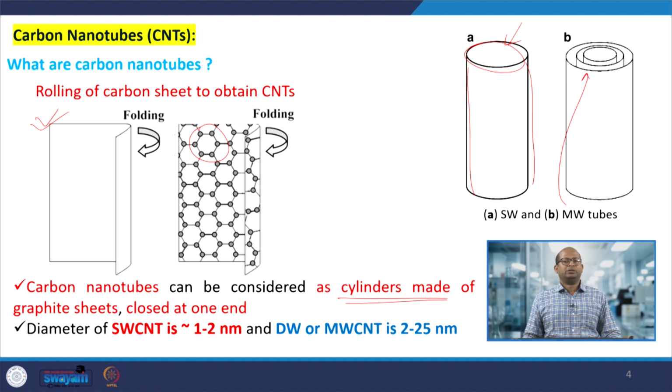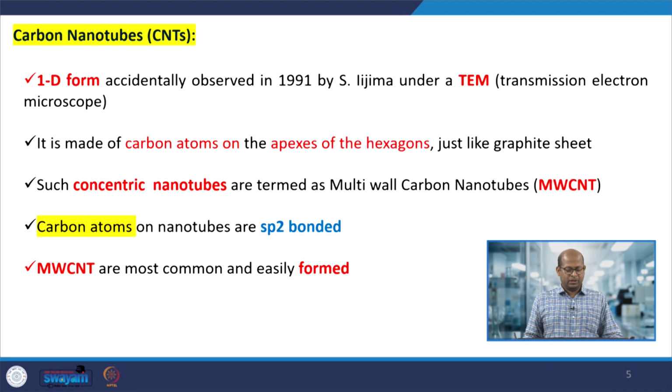So we can categorize them as single wall, double wall, or multi wall carbon nanotubes, with more than one wall or tube formed. The diameter of a single wall carbon nanotube is usually 1 to 2 nanometers, and in the case of double or multiple walls the diameter gradually increases, to about 2 to 25 nanometers. Usually these carbon nanotubes are one dimensional materials.